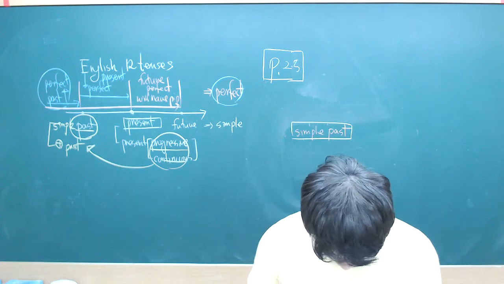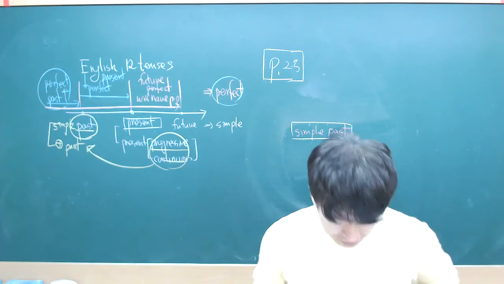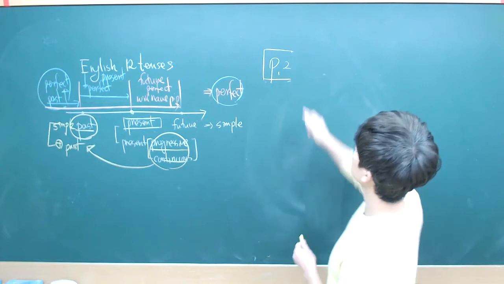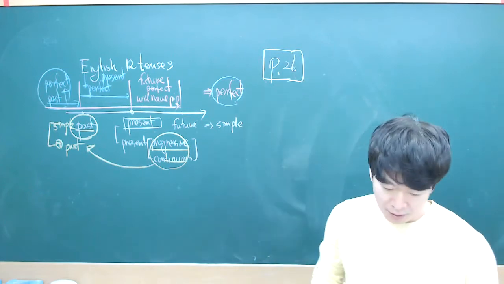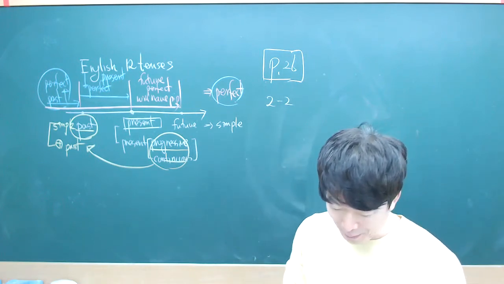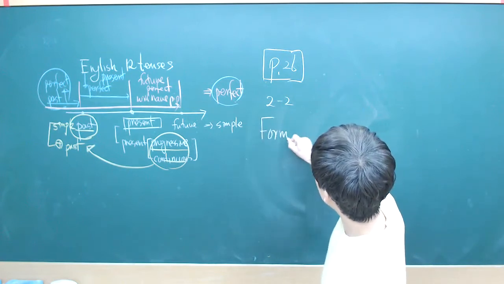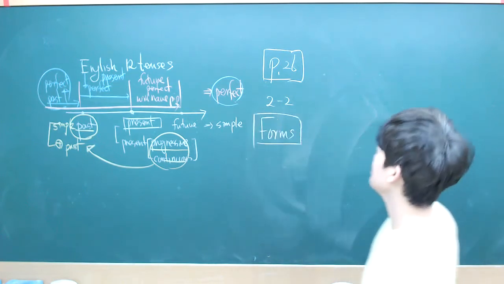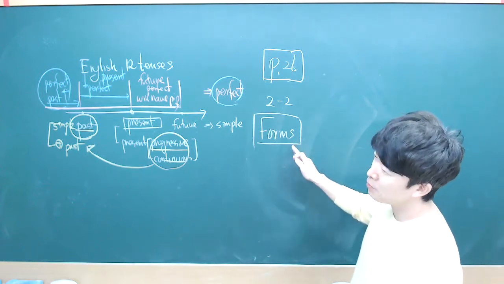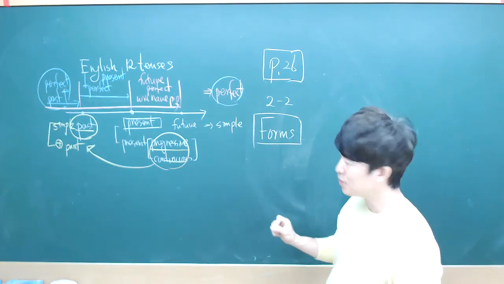Okay, let's move on to page 26. 2-2, forms of the simple past regular verbs. So we are going to talk about forms of simple past. Forms are really important in writing down something in correct form.